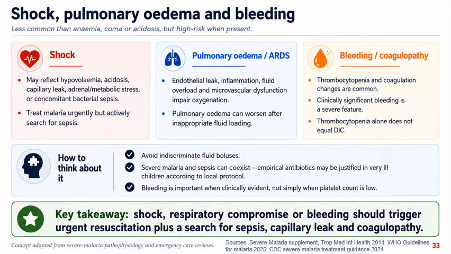This is why indiscriminate fluid boluses are dangerous. Thrombocytopenia and coagulation changes are common, but clinically significant bleeding, not a low platelet count alone, is a severe feature. When shock, respiratory compromise, or bleeding occurs, think urgent resuscitation plus a search for sepsis, capillary leak, and coagulopathy.